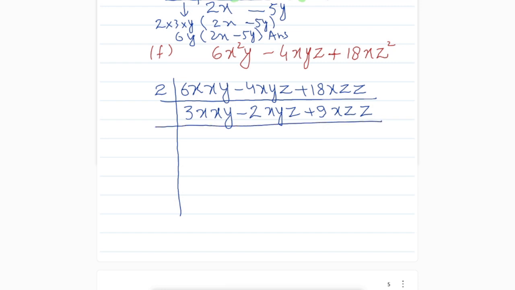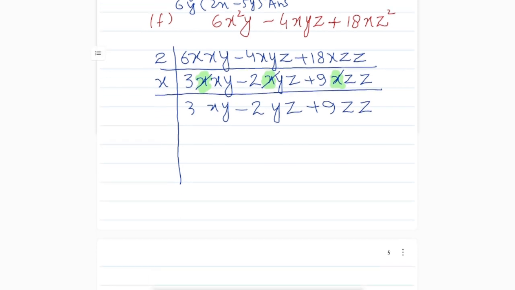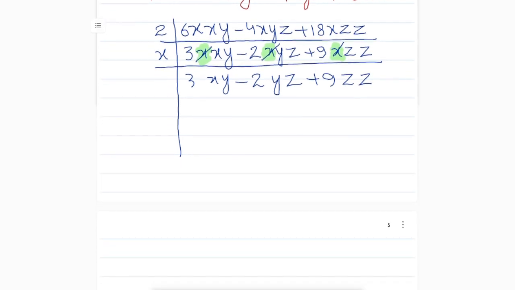So we'll be looking at what is the common variable. You can see here x is common in all of the terms. So we'll be taking x as common and then dividing. So this x cancels, we have 3xy. And in the second term, x cancels, so we get negative 2yz. And in the third term, x cancels, we get plus 9zz. And now no more variable is common and no more number is common.